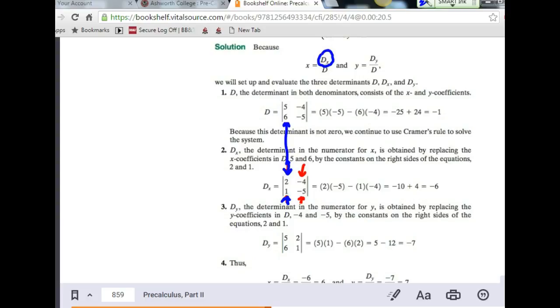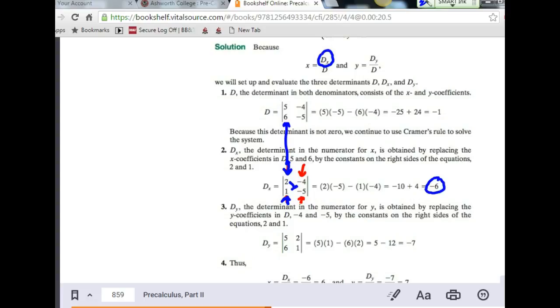Notice they were 5 and 6, and now you're replacing them with your constants, which are 2 and 1. That's the ones on the right side of the equal sign. So instead of the 5 and 6, now we're putting in 2 and 1 with the -4 and 5. And when you, again, do your down and subtract your up, you end up with your determinant is -6.